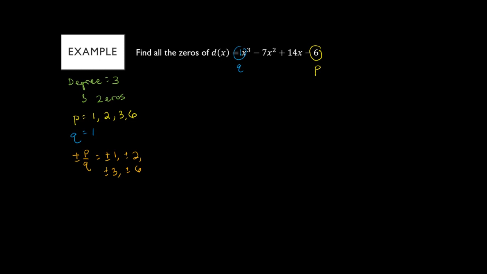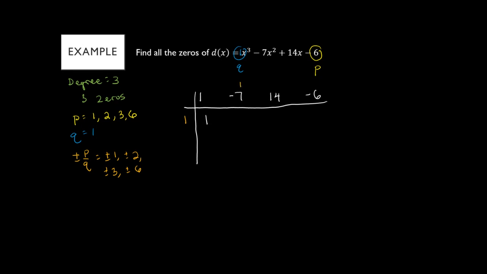So I'm going to do what I did on the last example. I'm going to set up my synthetic division and then start checking these numbers to find the zeros. So I've got 1, -7, 14, and -6 for my coefficients. And then I'm going to just start by checking 1.